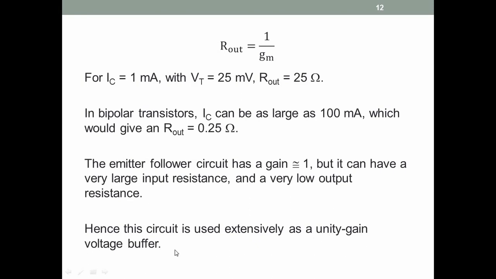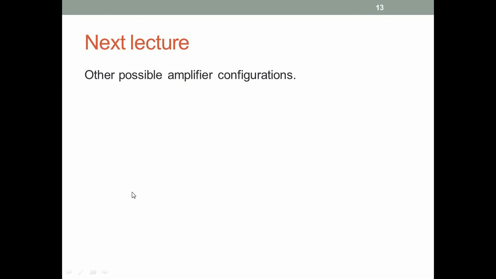We've seen unity gain voltage buffers last semester. A buffer is a circuit that has a gain of 1 and a large input resistance and a low output resistance. So this is where emitter followers are used, and we will in fact use them when we design larger amplifier circuits. Alright, so that is for this lecture.